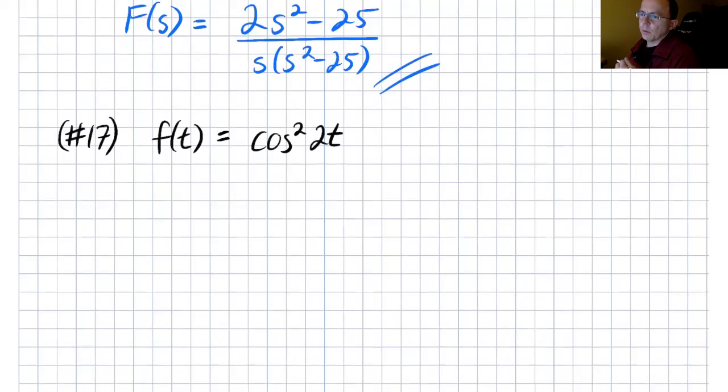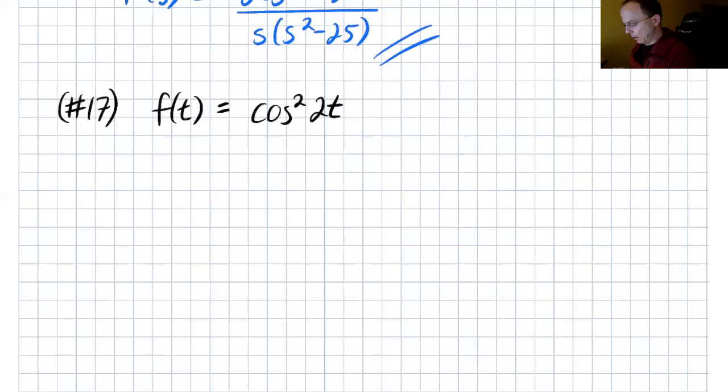There's no rule about multiplying two functions together and getting a Laplace transform. So what we need to do is rewrite this using a trig identity.